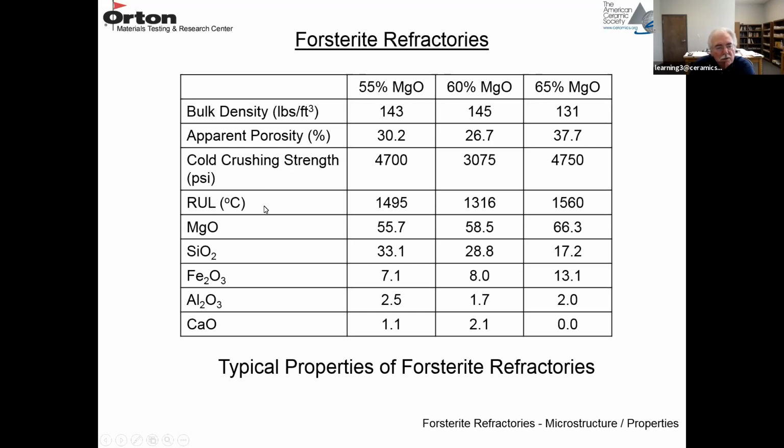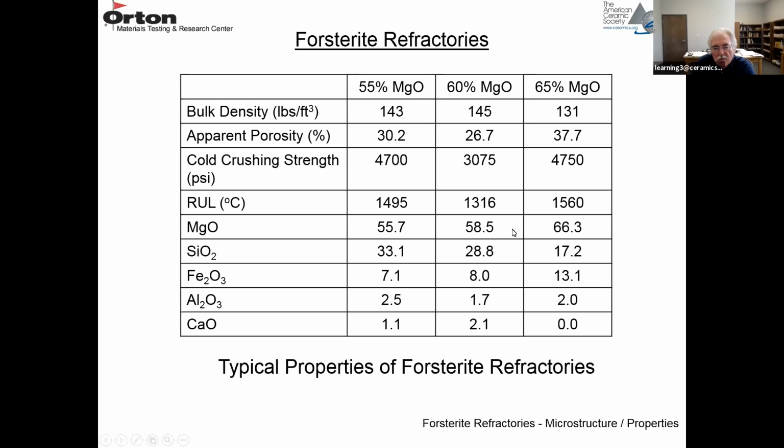The RUL, which is the refractoriness under load test, we discussed that, where you heat it up at a constant temperature until the material deforms, basically fails. So you can see some of these temperatures, especially this one's not very high, 1316 degrees C. So that's where it completely deforms in this test. These other ones are not that much better.